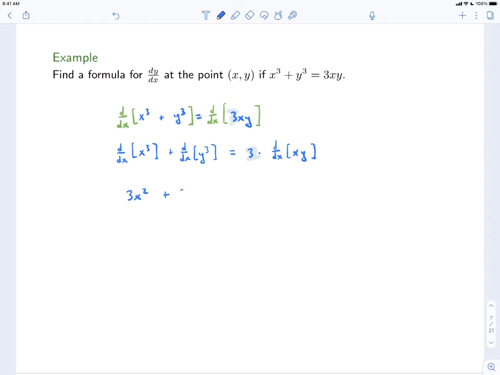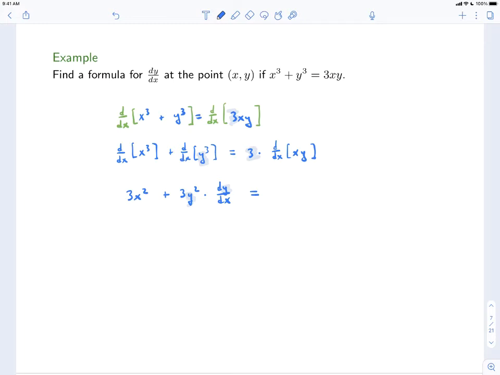So this will be 3 times that function squared, but then we have to multiply by the derivative of that function. Now, we don't know what the derivative of y is with respect to x. In fact, that's what we're trying to figure out. So we just write dy dx. But dy dx is just the derivative of our inside function. The inside function is y. So we just compute the derivative of y with respect to x. And again, since we don't know what the derivative of y is with respect to x, we just write dy dx. So that's the left side.